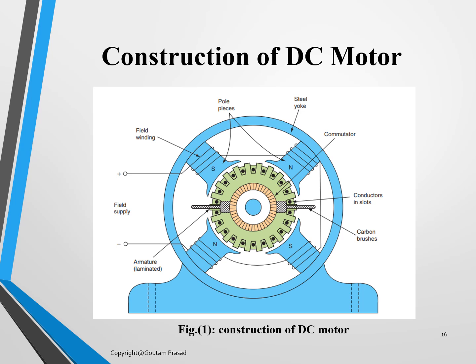You have to feed DC power to the poles also, so that they create electromagnets, under the influence of which your rotor conductors are placed, and they experience force and start rotating.